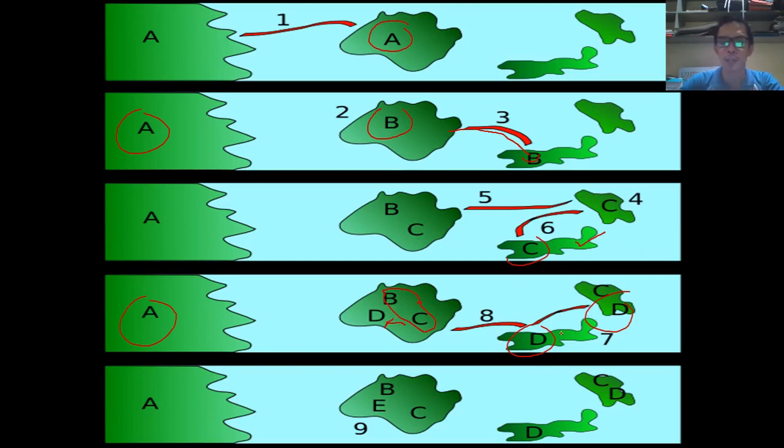Eventually, in the long run, from one group of organisms there are now five groups. This process of forming new species in a new environment due to adaptive radiation is what is called speciation.